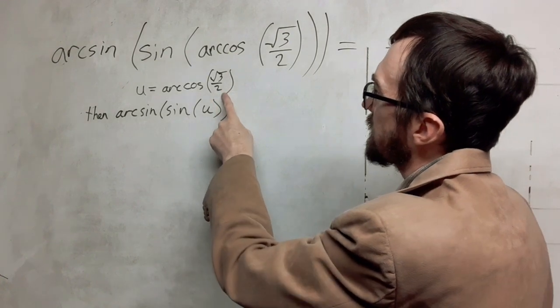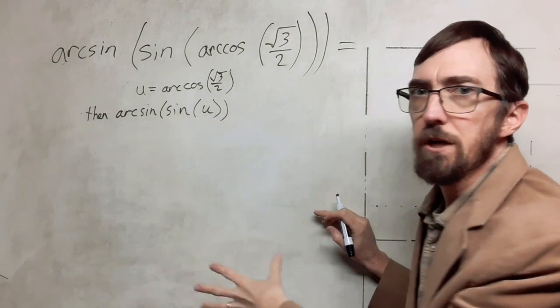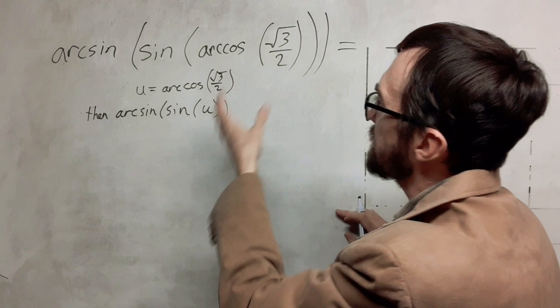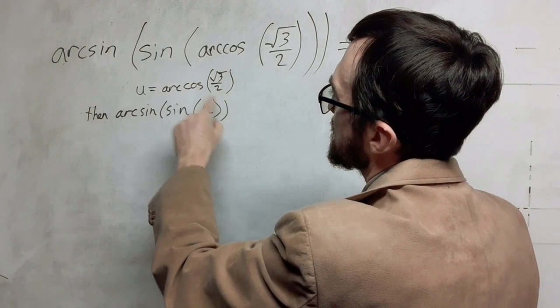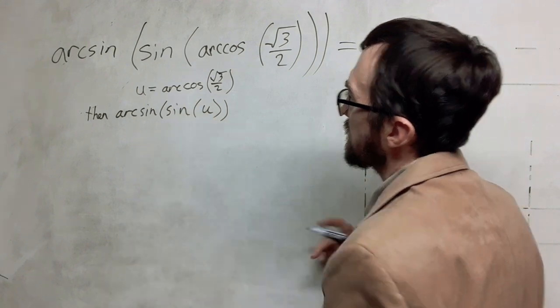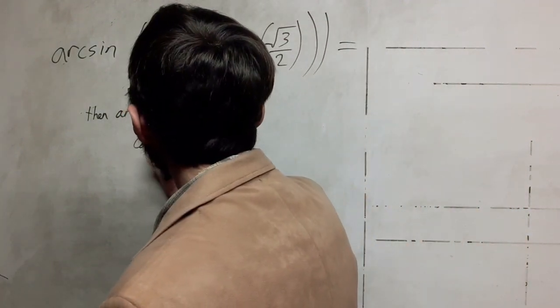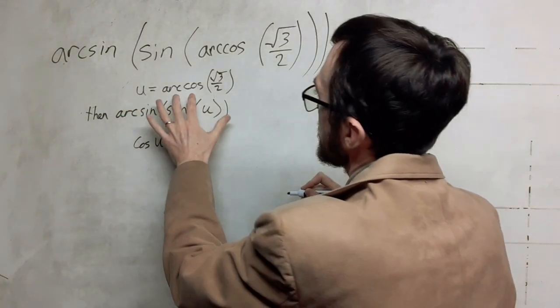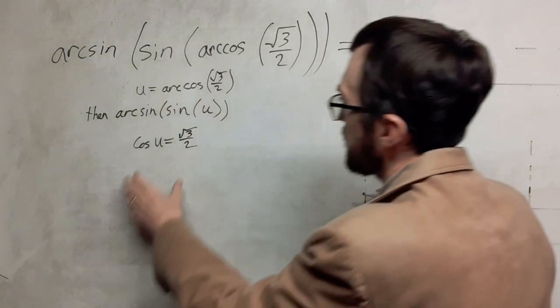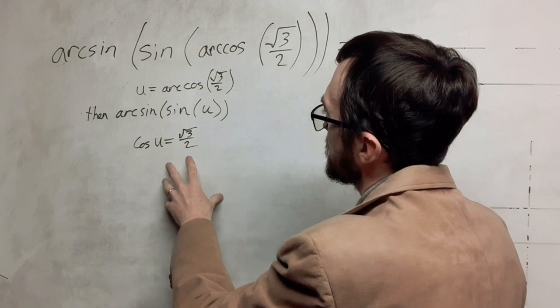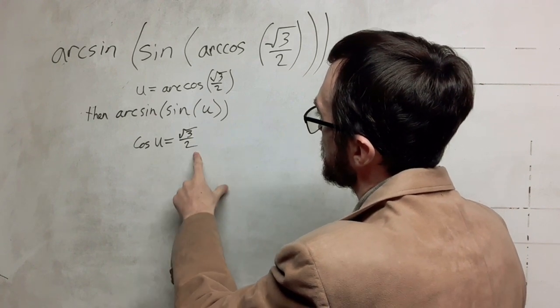The input for the arc cosine, as we define it in geometry, is a ratio of sides of a triangle. We're going to go ahead and take the cosine of both sides, so that will cancel this arc cosine. So the cosine of u, canceling this, we want to look at the cosine of u equals the square root of 3 over 2.